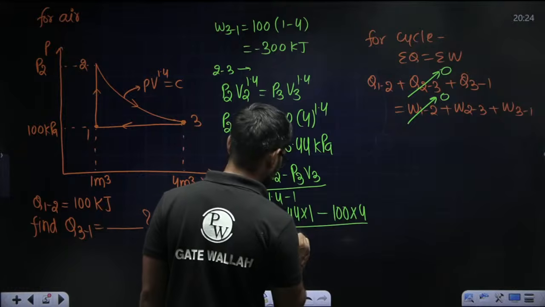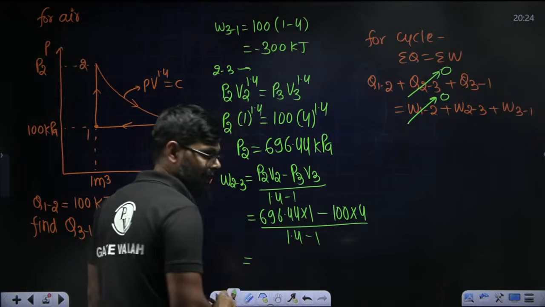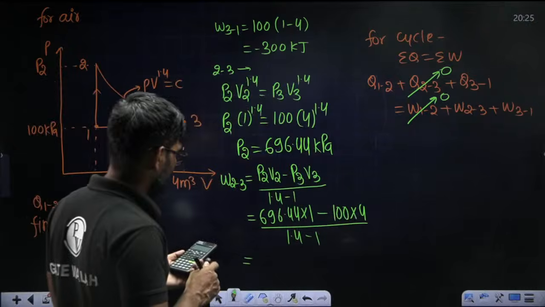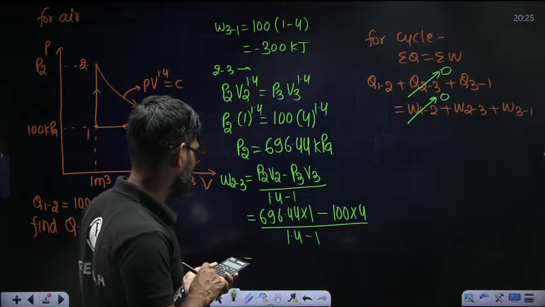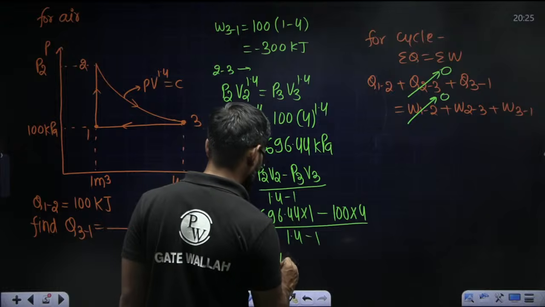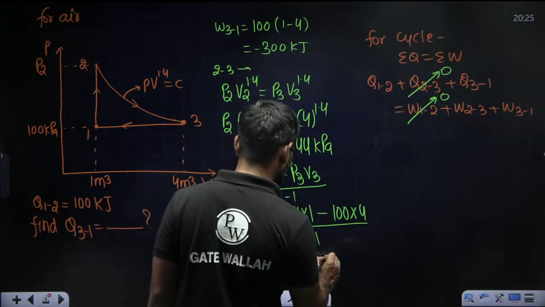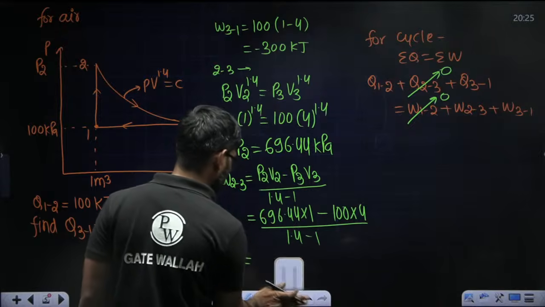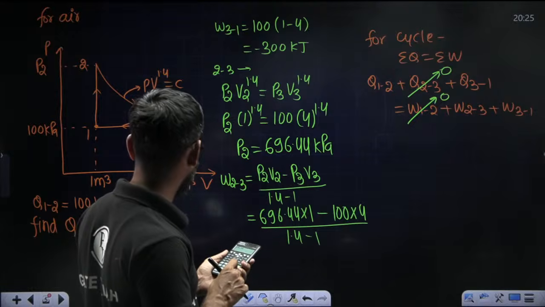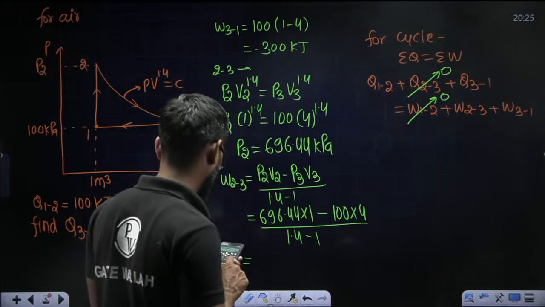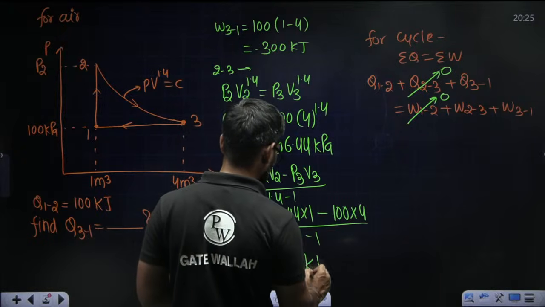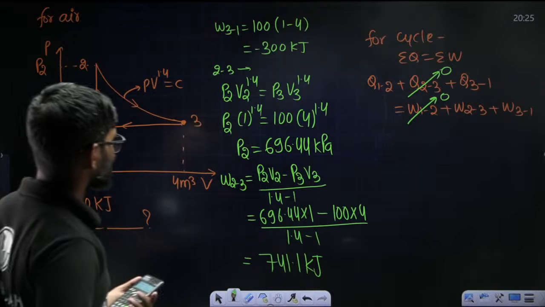Divided by 1.4 minus 1. So what is the final answer here? Yes, very good. This value will come 696.44 minus 400, so 296.44 will come on top, right? 296.44 divided by 0.4. So this value will come 741.1 kilojoule. Okay, so this value is also known to us.